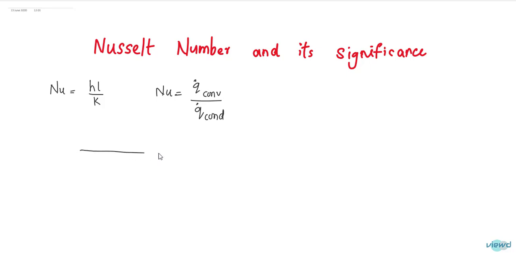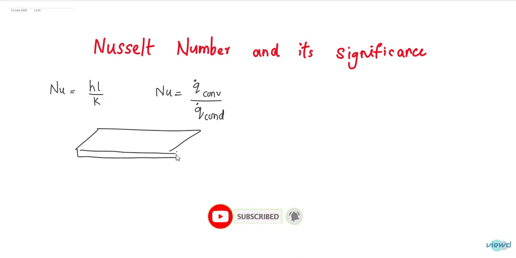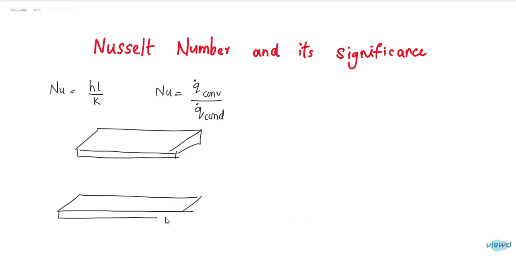There are two plates. And there is fluid filled in the gap of two plates. So there is fluid between those two plates, and the distance between these plates is L, and the area of these plates is A. Now I am drawing this in the front view.